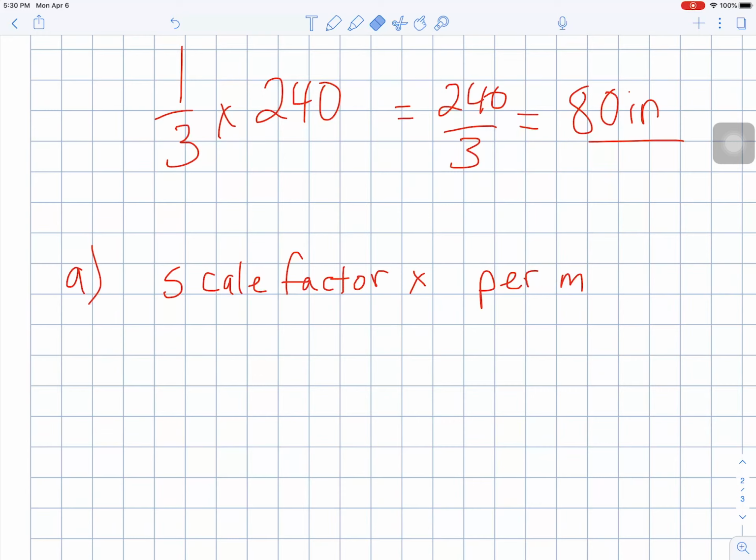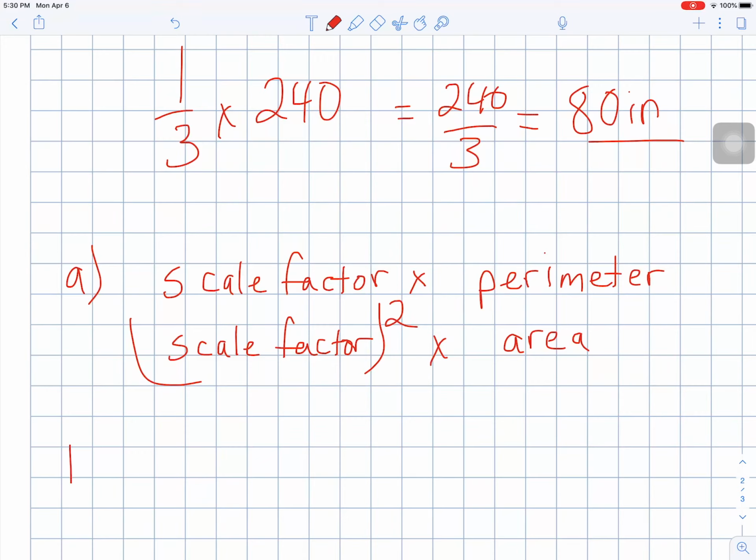Oh, I spelled that wrong. Trying to go too fast here. And to find the area, it's the scale factor squared times the area. Okay, so that's how you would find those answers.